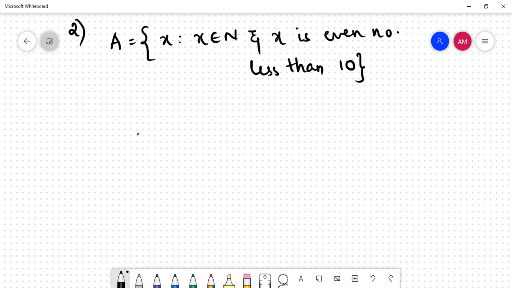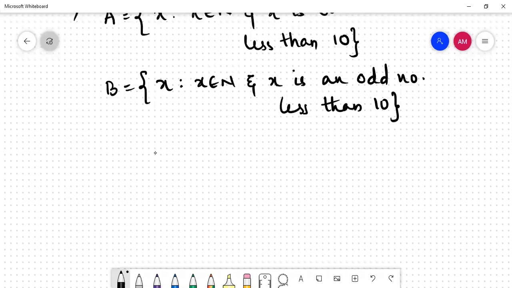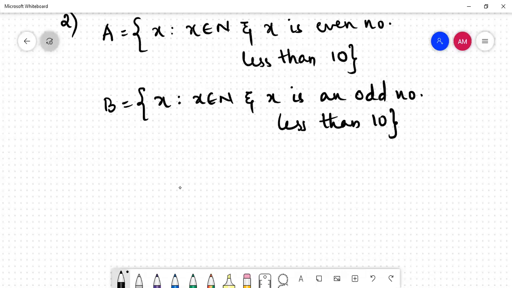B is equal to X such that X belongs to N, and X is an odd number less than 10. Verify N of A union B equal to N of A plus N of B minus N of A intersection B and draw Venn diagram. That's the question.